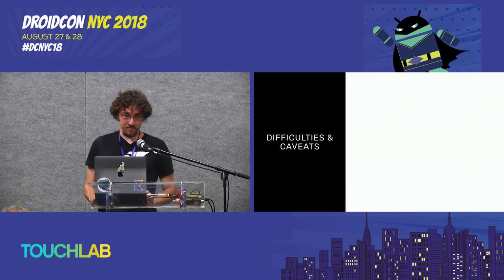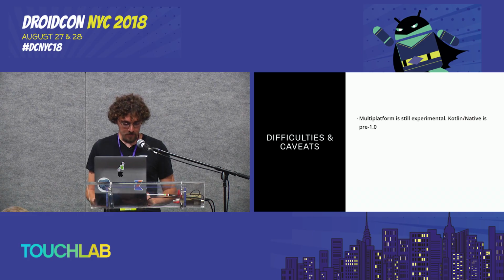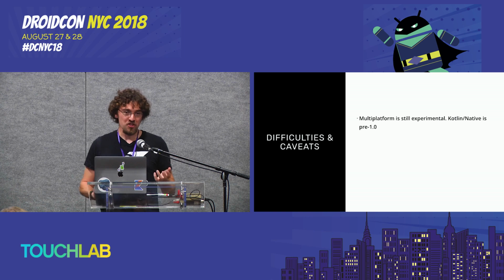So now we've seen a whirlwind tour of what some of this stuff looks like. What are some of the difficulties that can come up if you want to build your own? Obviously this stuff is also very early. Multi-platform is getting mature. JetBrains would tell you to start playing with it, but they do reserve the right to make changes as they need to.